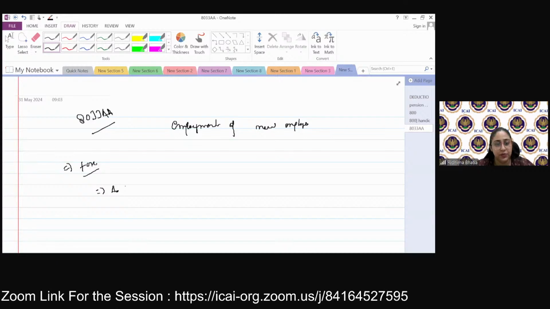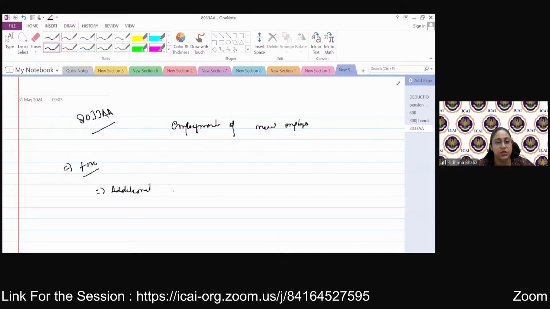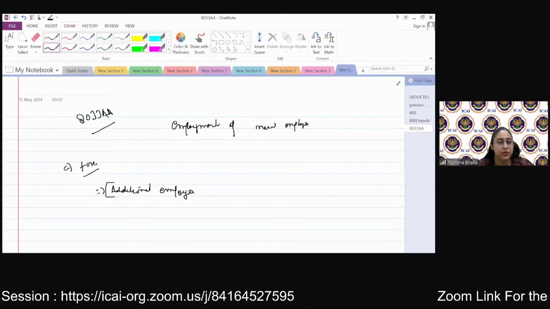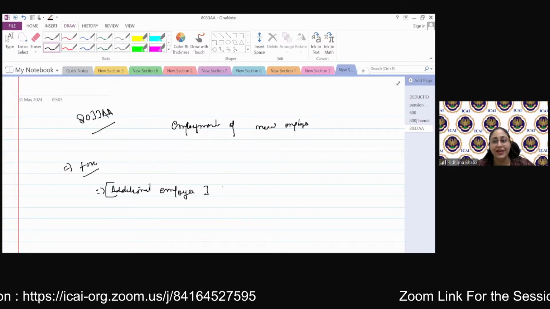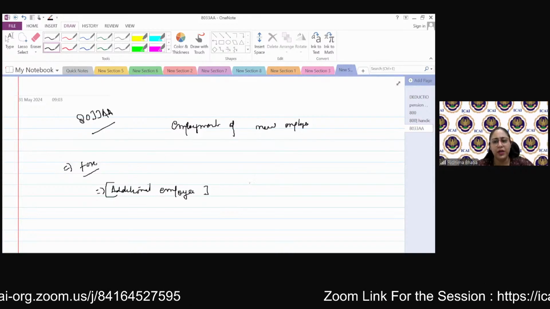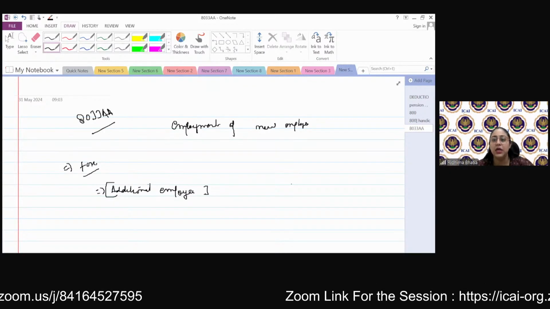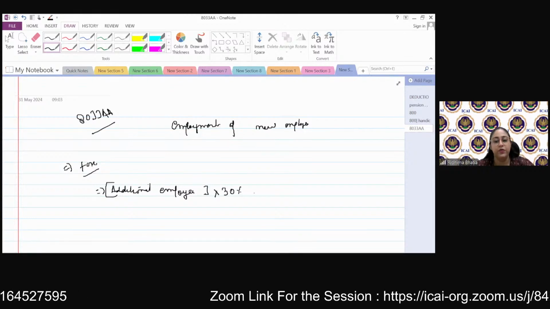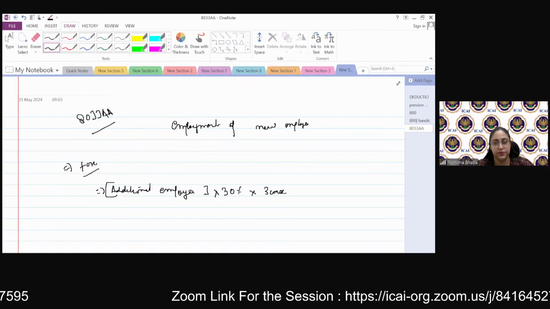They are having additional employee का जो भी cost होगा, so you will get a salary deduction. जो भी मैं employees को अपना cost salary amount मैं pay करता हूँ, I get it as salary deduction. Yes, उसका 30% would be allowed for 3 consecutive years.